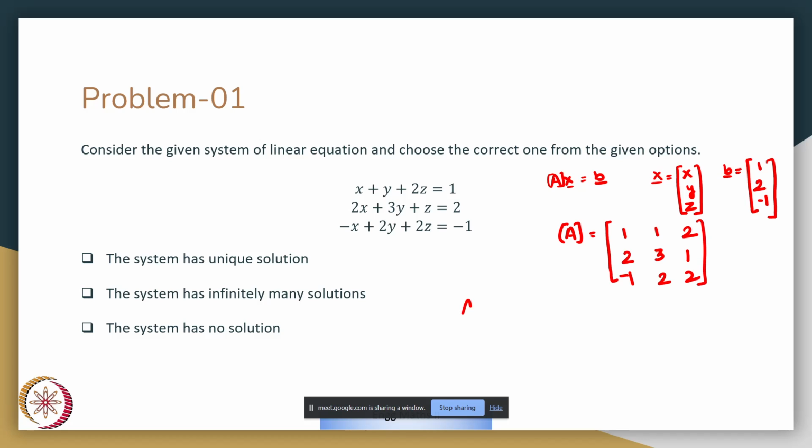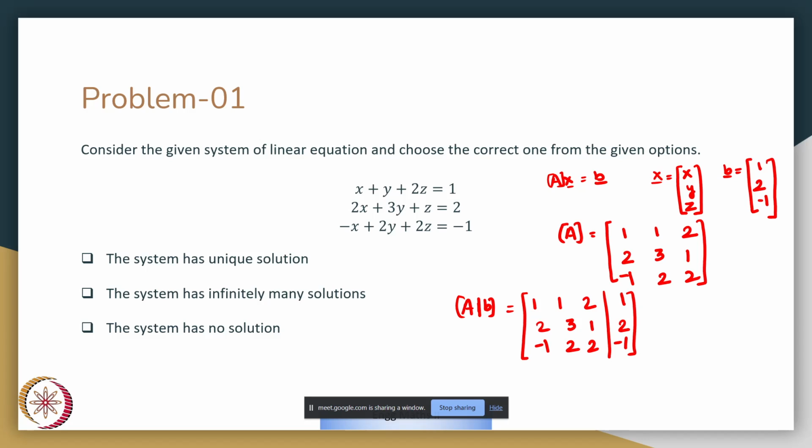Now what I'll do is write the augmented matrix A augmented B, which is 1, 1, 2, 2, 3, 1, minus 1, 2, 2, along with the column 1, 2, minus 1. We'll be using Gauss elimination.